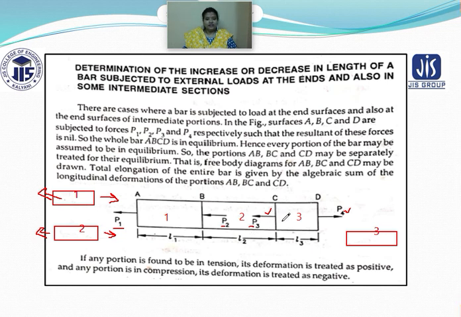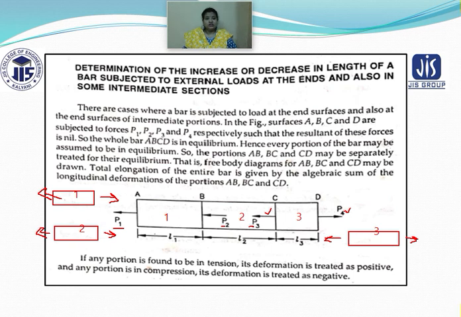So after getting the summation, if the result is positive, then the load for this third section is also positive, and for this section it is also positive. So you can see 3 sections, 1, 2, 3, all are positive. If all the loads are positive, then this load is treated as tensile load.